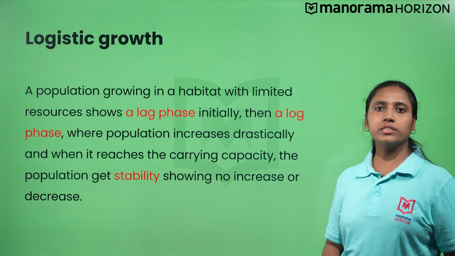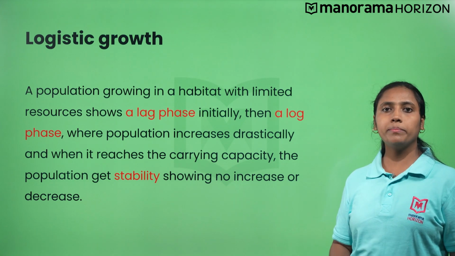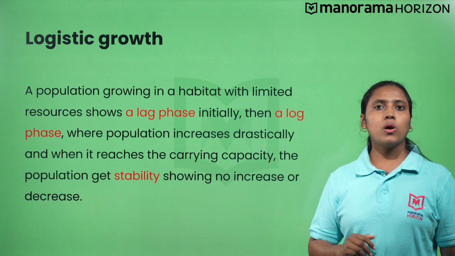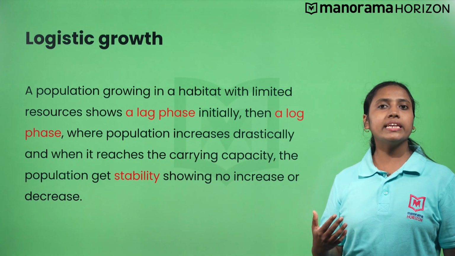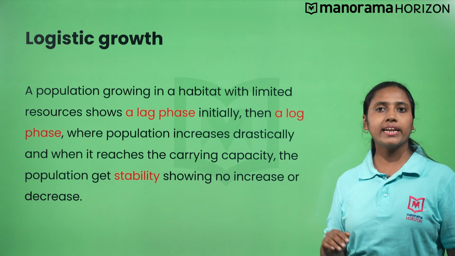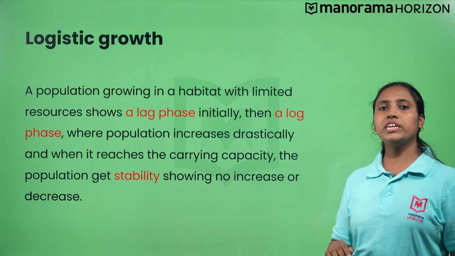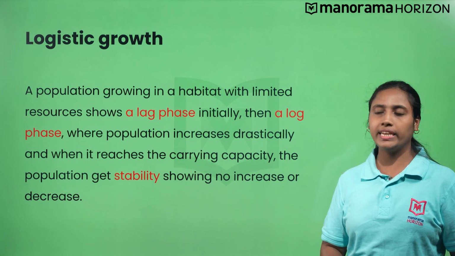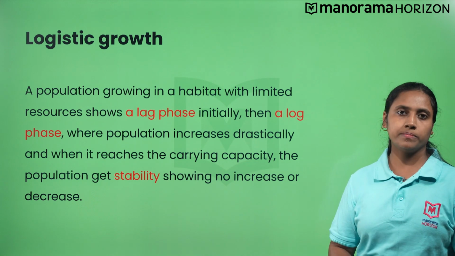A population in a habitat with limited resources shows a lag phase, then the population increases drastically, and when it reaches the carrying capacity, the population gets stability, showing no increase or decrease.